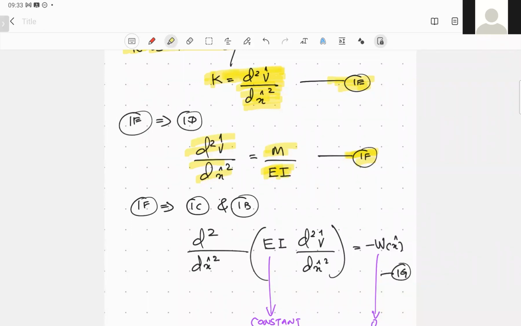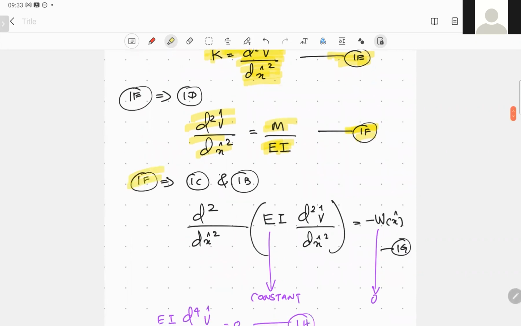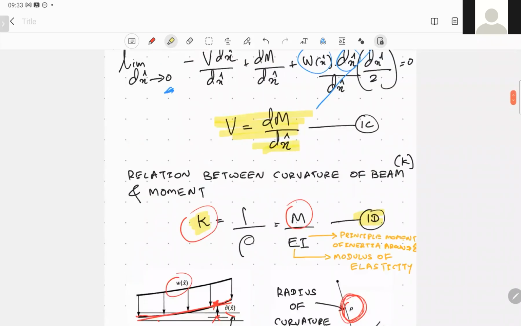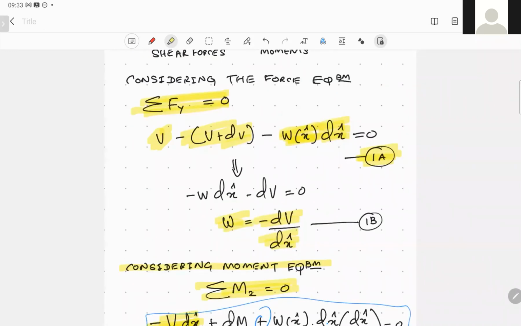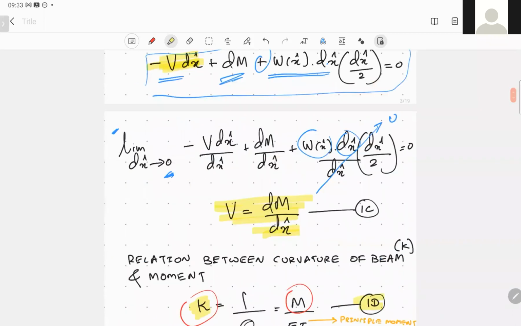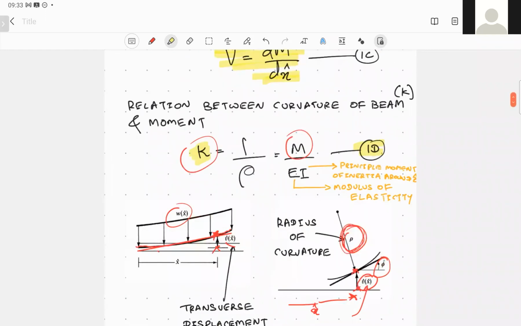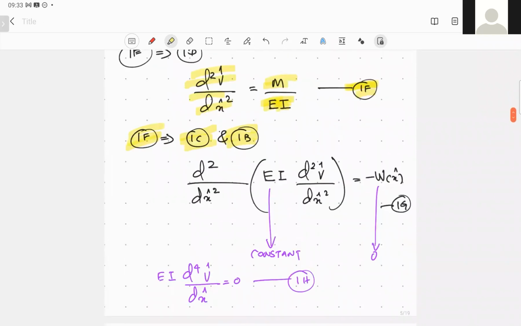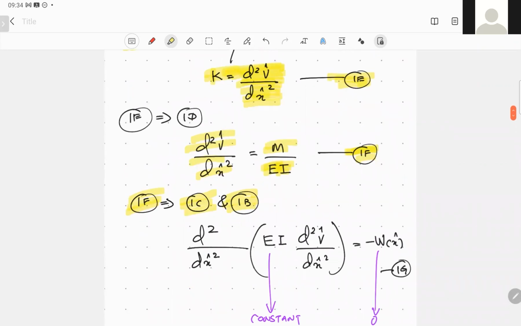Once this definition is given by 1f, you can substitute it back into the equations we derived, 1c and 1b, where the normal distributed load is related to the shear force, and the force is related to the moment of inertia. Using this set of equations, we obtain a relationship for v hat.